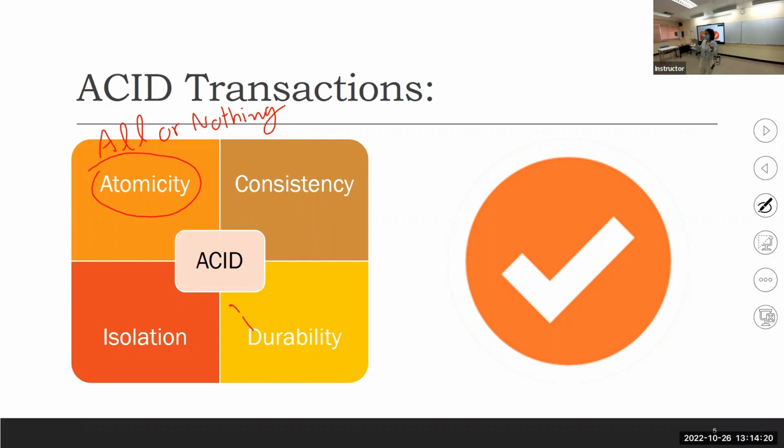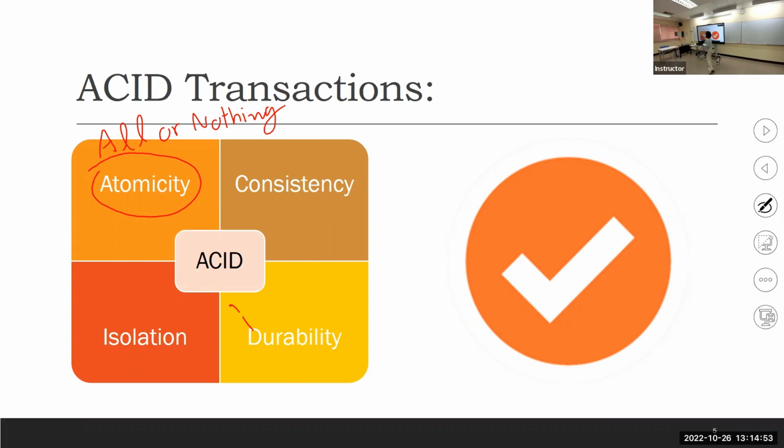All of this series of operations must be completely executed, successfully executed, all of them, or none of them. So all or nothing, whether you completely execute the whole sequence or nothing has been executed. This is what you have to ensure for a database transaction if you want to impose the transaction rules or properties.